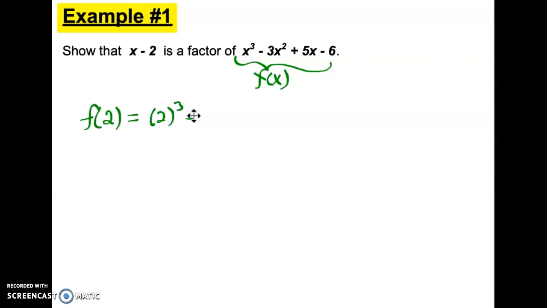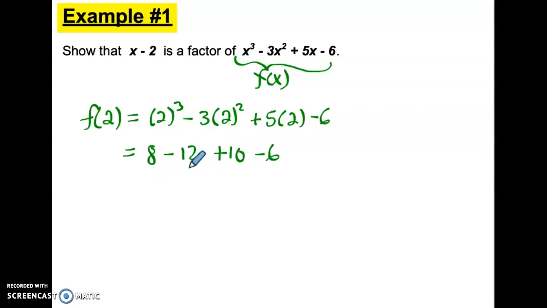And if we do that, we get 8 minus 12 plus 10 minus 6, and that would give us 0. So therefore, x minus 2 is a factor by the factor theorem.